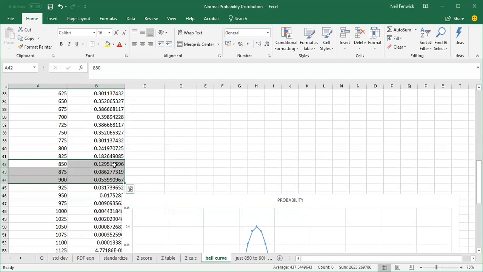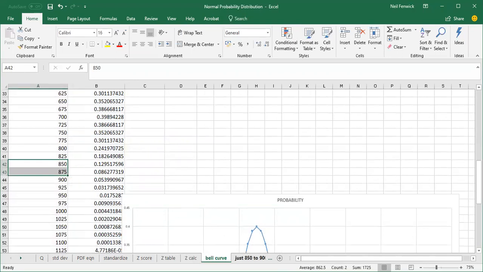Well, in fact, we probably would only take those 2 values. We multiply the height times width of the rectangular slice. In this case, the width is 25, and we've got the probability values.